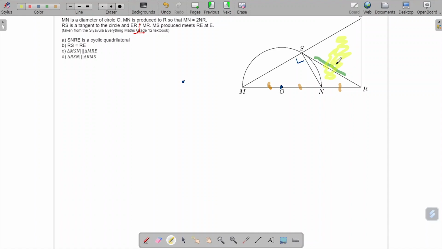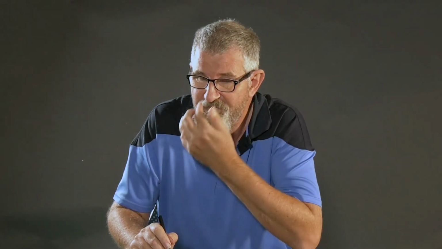Now, cyclic quadrilaterals are based on two ideas, either that the opposite angles are supplementary or that angles from the same chord are equal. Unfortunately, in this case, we can't prove the angles from the same chord are equal because we don't have that typical shape of a pair of lines crossing.